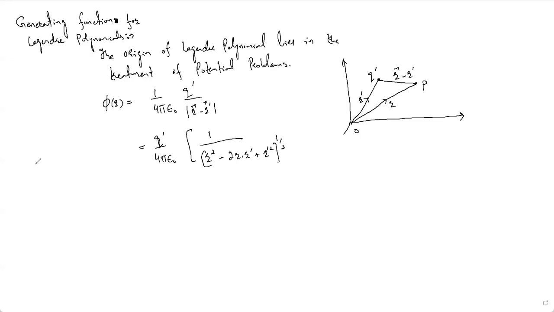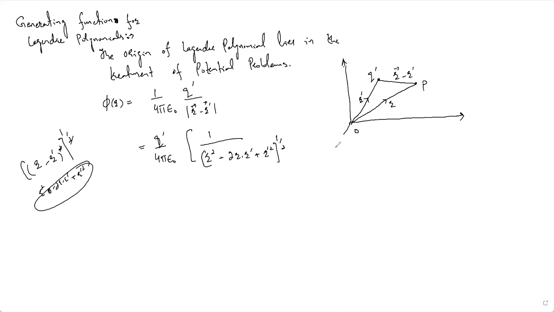Because I can write this as the square root of r minus r dash whole square. Now the square root and the square cancel out, and we get r minus r dash. So then what I did is I just expanded it: a square plus b square minus twice a b, so r square minus 2 r dot r dash plus r dash square. Okay, so that's what I did here. Now why did I do it? I did it for a reason.